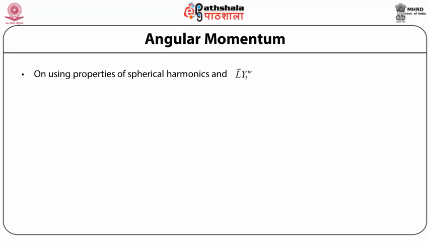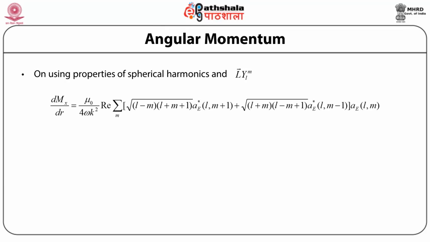On using properties of spherical harmonics and n vector into Y lm, we have dMx by dr equals mu naught by 4 omega k square into the real part of summation over m of square root of (l minus m) into (l plus m plus 1) into a_E conjugate as a function of l and m plus 1, plus square root of (l plus m) into (l minus m plus 1) into a_E conjugate as a function of l and m minus 1, whole into a_E as a function of l m.